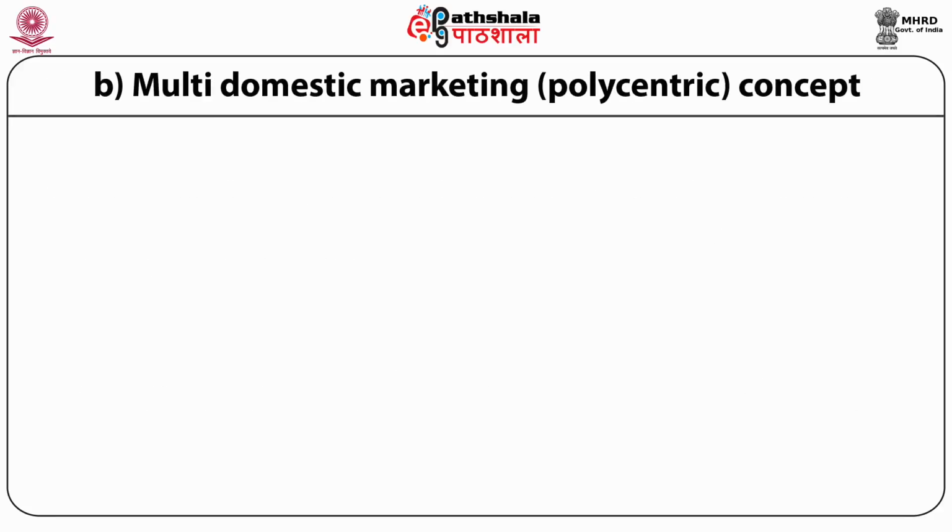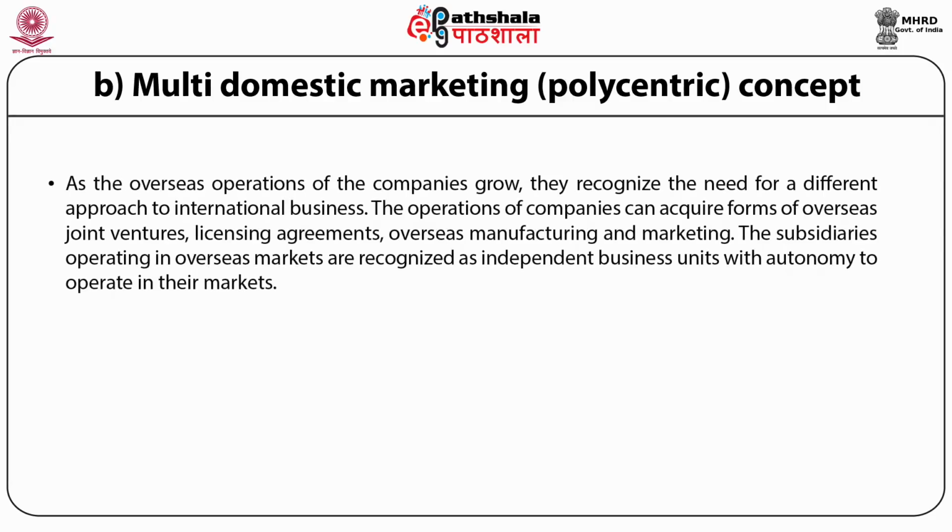The second approach is multi-domestic marketing or the polycentric concept. As the overseas operations of the companies grow, they recognize the need for a different approach to international business. The operations of the company can acquire forms of overseas joint ventures, licensing agreements, overseas manufacturing and marketing. The subsidiaries operating in the overseas markets are recognized as independent business units with autonomy to operate in their markets.